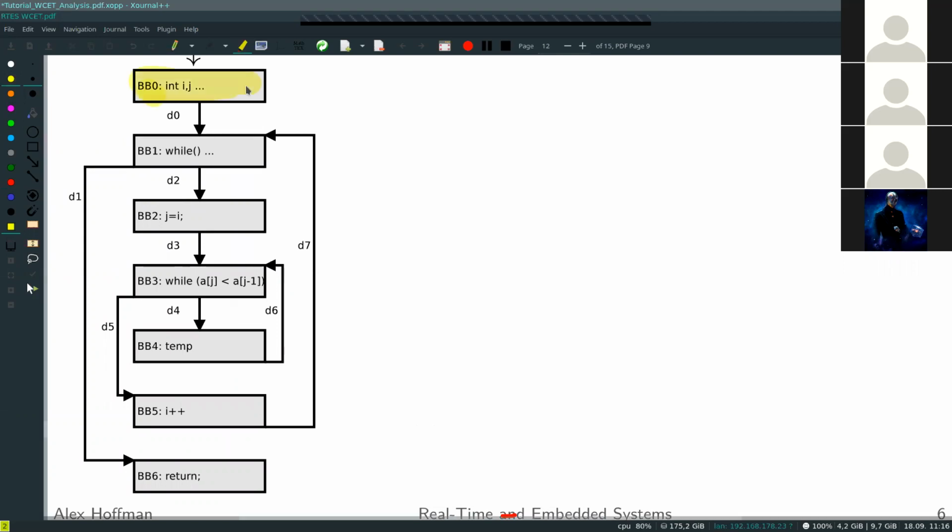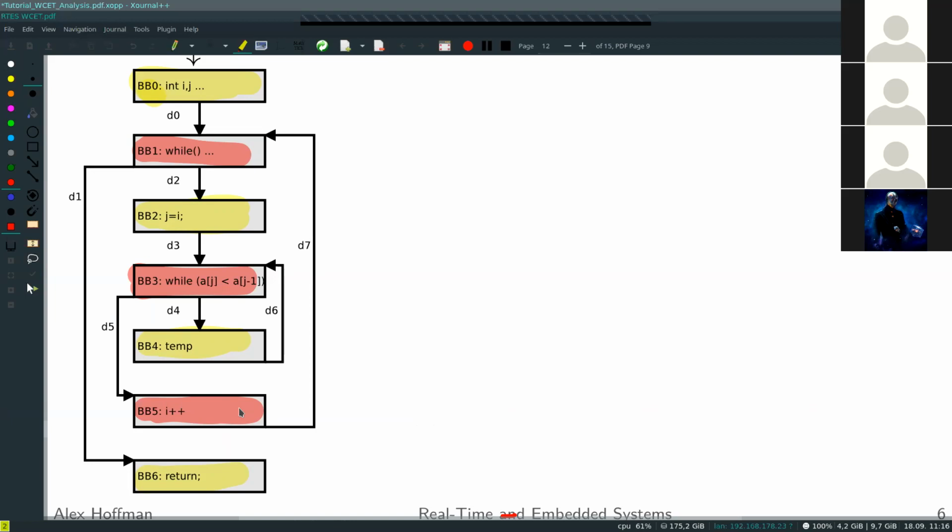So I'll make this one yellow, this one yellow, this one yellow, and I'll make the others red, meaning the code from these basic blocks maps into the yellow cache line or the red cache line. When we want to come up with a cache conflict graph, you have to draw one for each cache line. So I'll probably ask you about 2 or 3 cache lines, because I don't want you to have to draw 128 graphs.